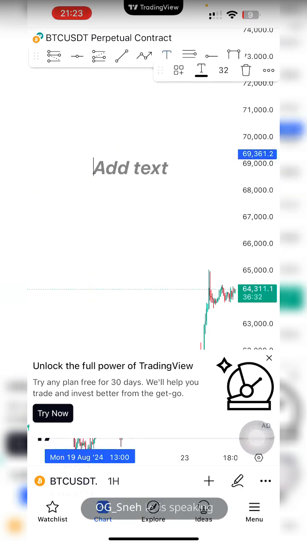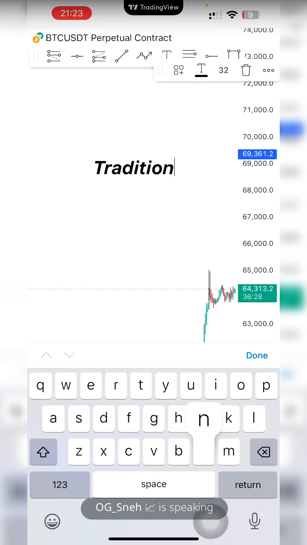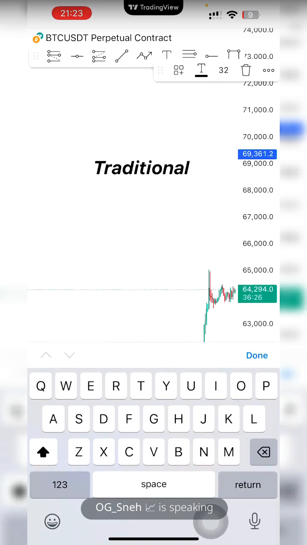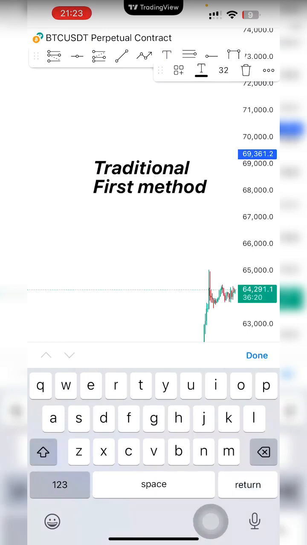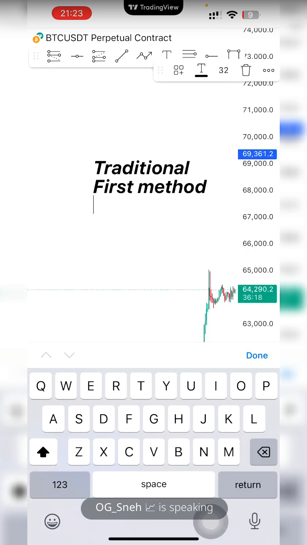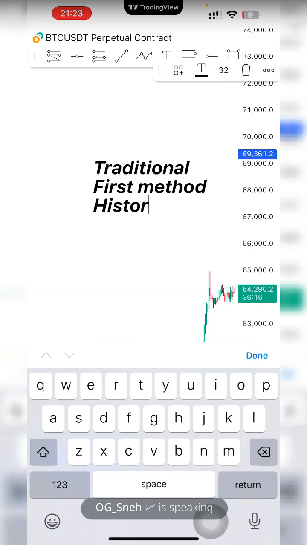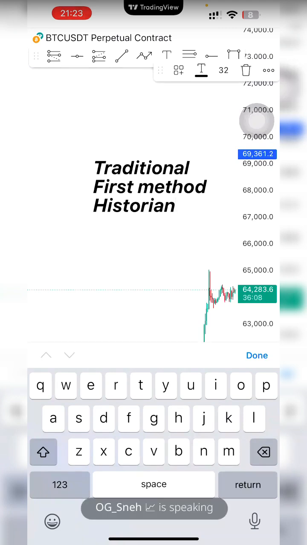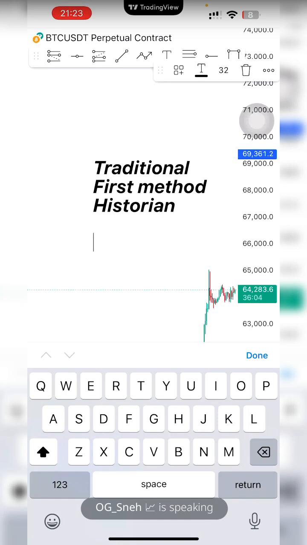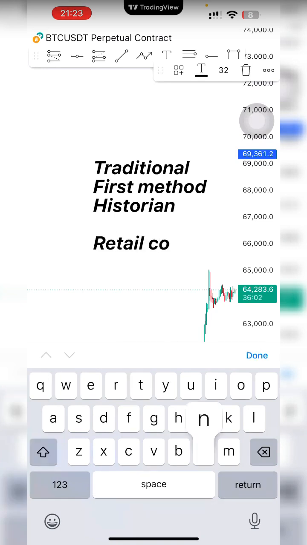When we say something is traditional, what does it mean? The first method of trading. The historian method of trading. That's the retail concept of trading.